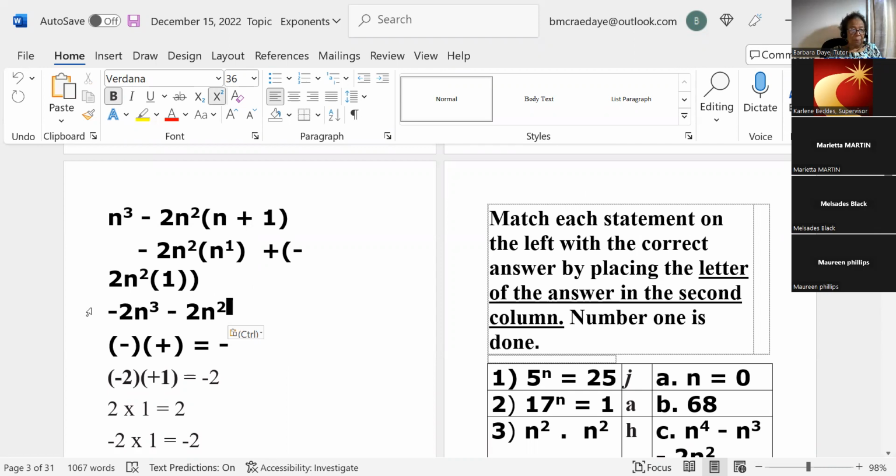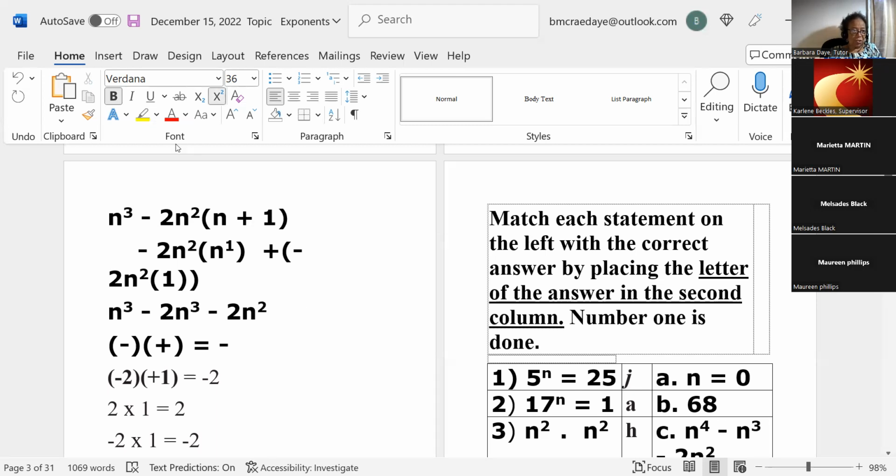So n to the third minus 2n to the second times n plus 1 in parentheses gives you, let's put the n to the third here, n to the third minus 2n to the third minus 2n to the second.